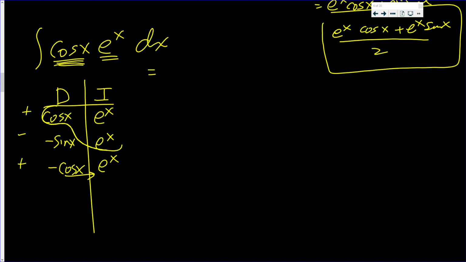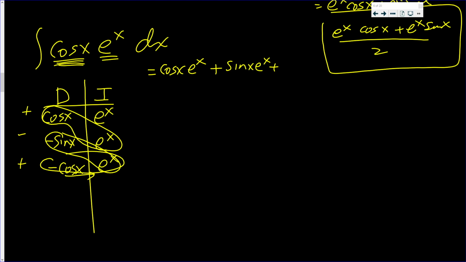It's going to be plus that product, cosine x e to the x, minus this product, which already has a minus, so it's plus sine x e to the x, plus, actually, minus the integral of cosine x e to the x dx. But that's exactly this.